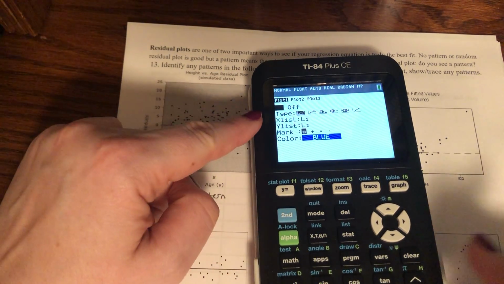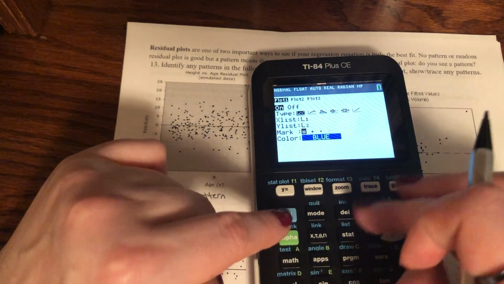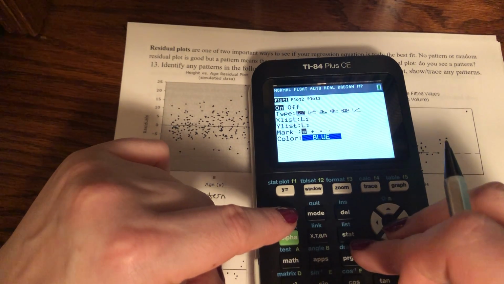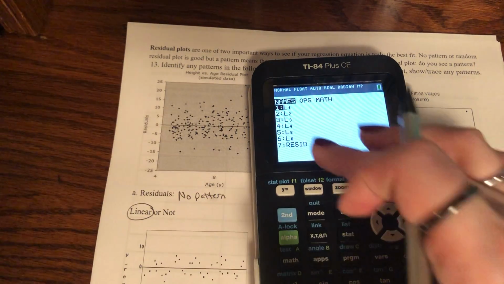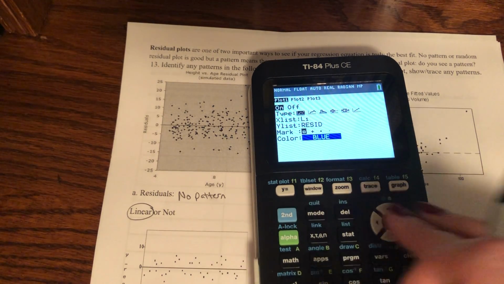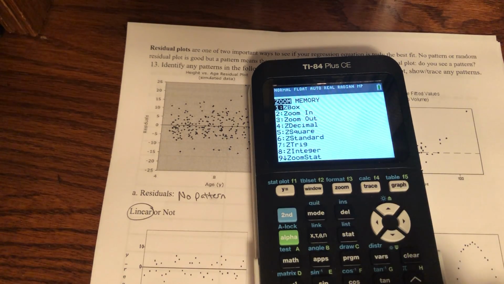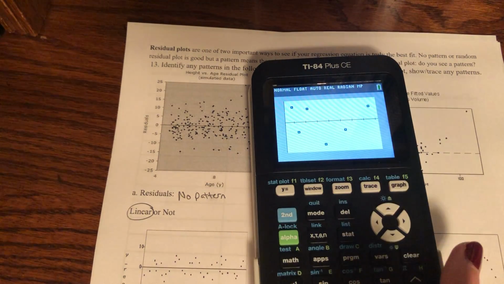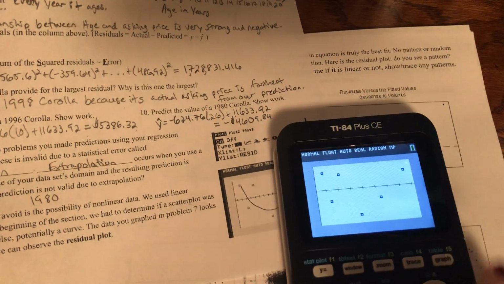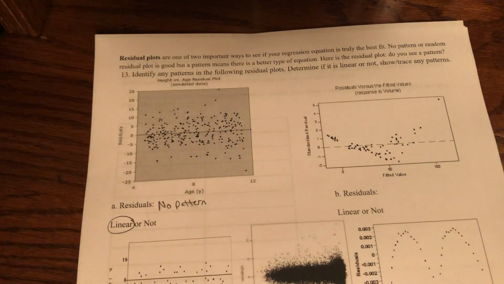I'm going to keep my scatter plot, but I'm going to change my y's to my residual. So I want to go to second stat to get my list. I'm going to go down to number 7 for residual, and I'm going to hit enter there, and I'm going to hit zoom 9. And now you can see that same residual plot that I had here. That's how you get a residual plot on your calculator. All right, just so you guys are aware of how to actually get these.